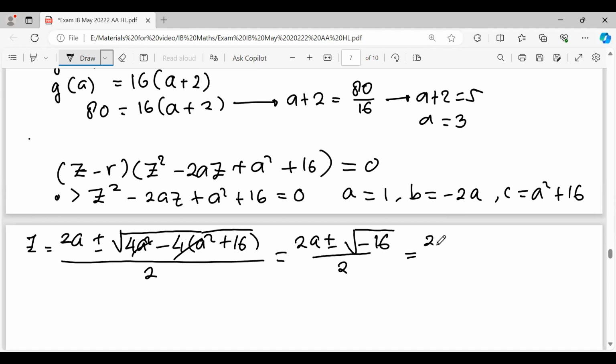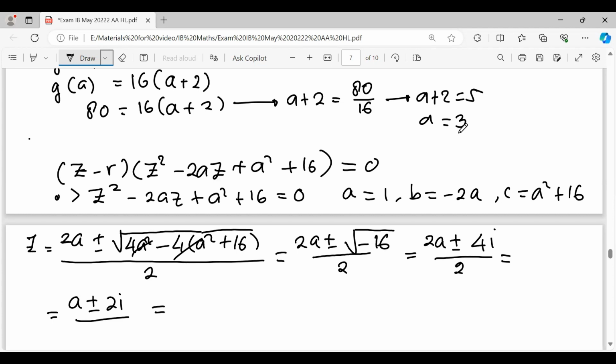That means 2a plus minus 4i over 2. And so it becomes a plus minus 2i, already divided by 2.